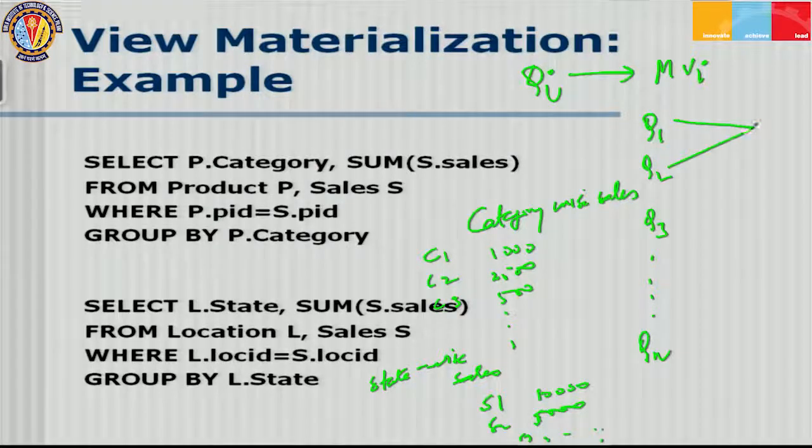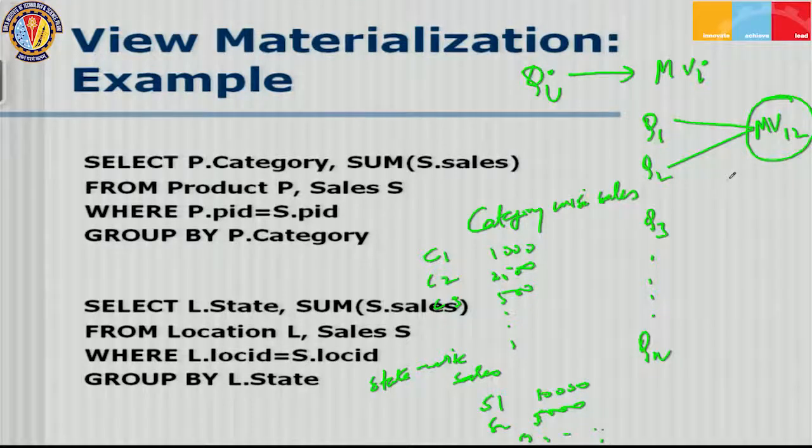I'll try to create a materialized view, I'll call it 1,2, because it benefits queries 1 and 2, helping both Q1 and Q2 to execute faster. This view is designed in such a way that both these queries are benefited.